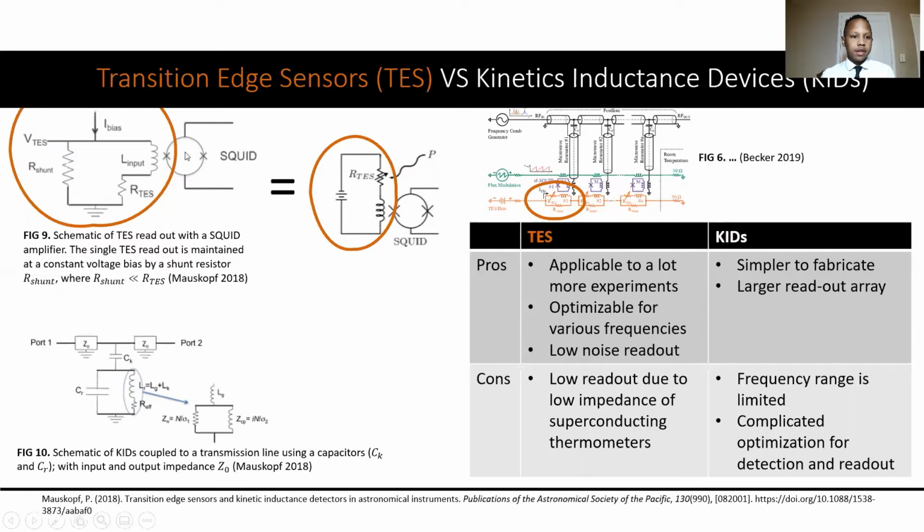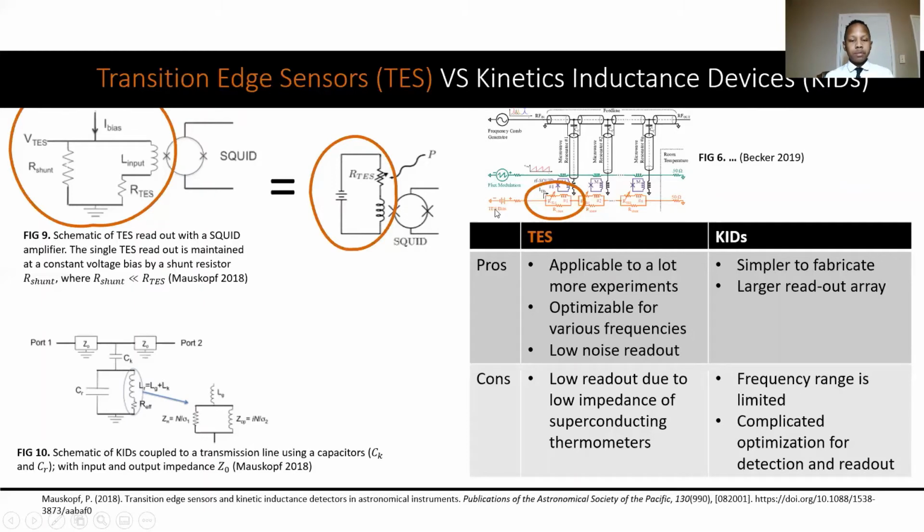The TES in this earlier image that we had is specifically this orange section where you have a current bias going through it, and that would create a change in frequency, creating a change in flux and phase, which is then transmitted through the resonators and into some electronics that processes the whole thing overall.